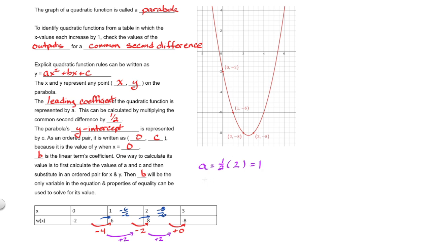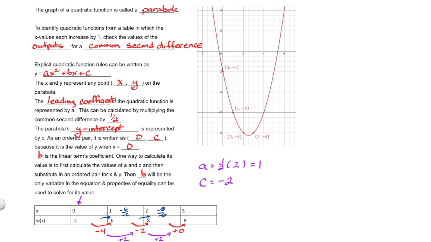B we'll have to use substitution to calculate. C we can calculate off the bat because the table was nice enough to give us the value of c. It said, hey, when x is 0, W of 0 is -2. That is the y-intercept. So now we have to calculate b. So we'll just need our output value.